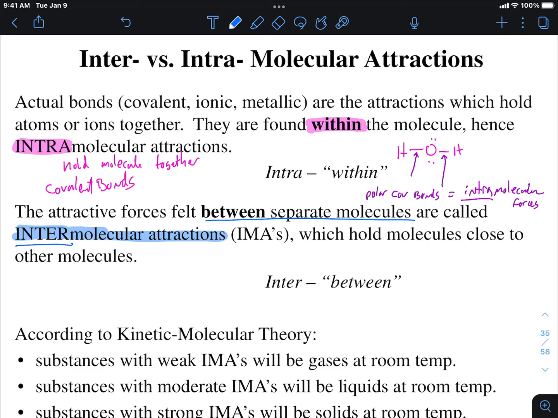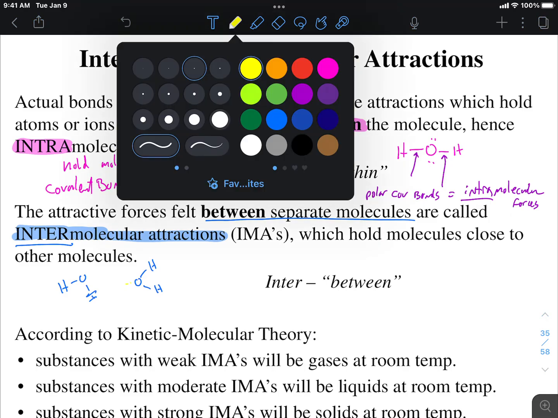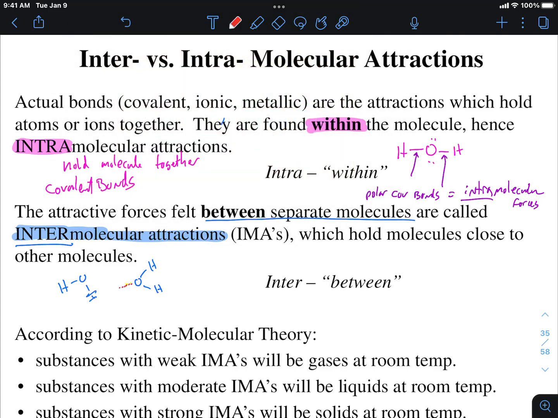So, for example, if a water molecule attracts another water molecule, that's what we call an intermolecular force. And that's what we're focusing on today.